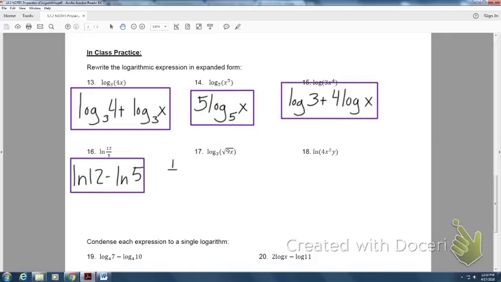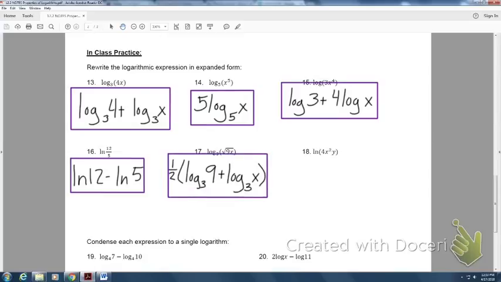Here's the answer to 17. 1/2 times, so this is in parentheses, log base 3 of 9 plus log base 3 of x. Here's the answer to 18.